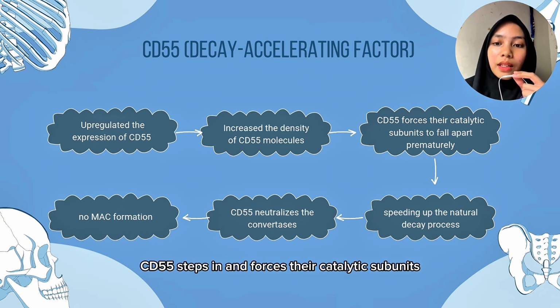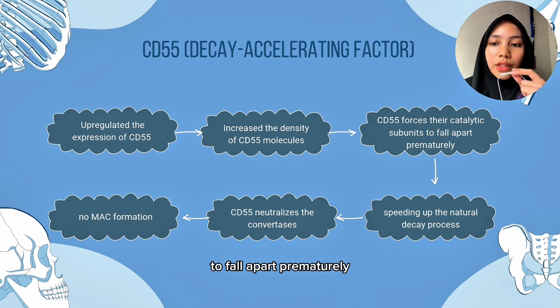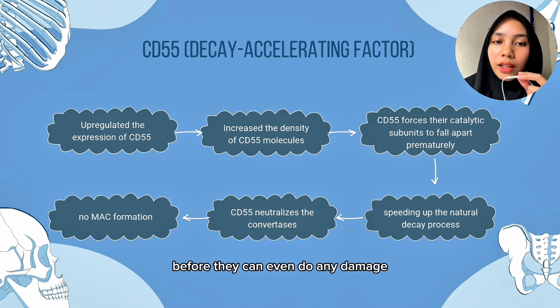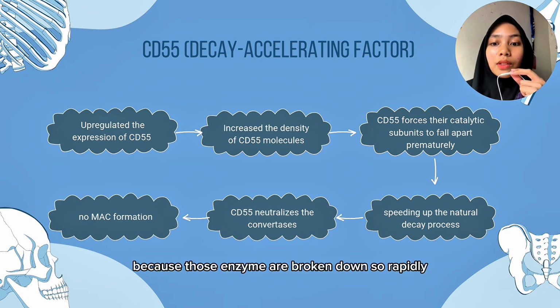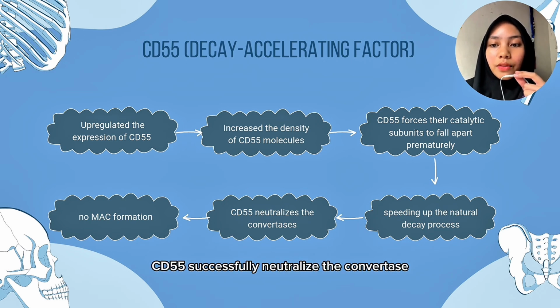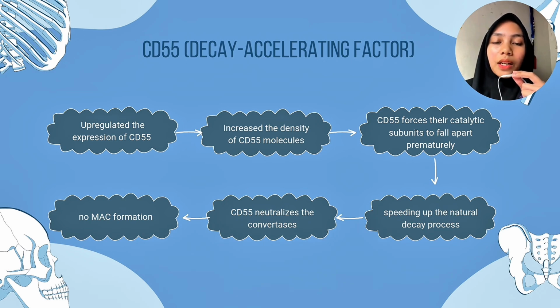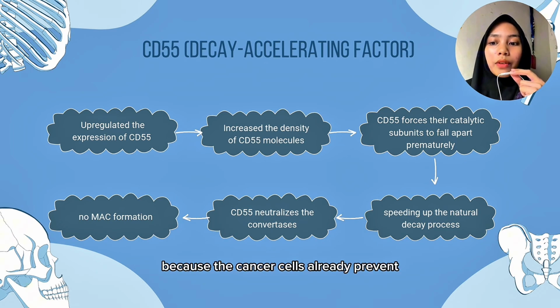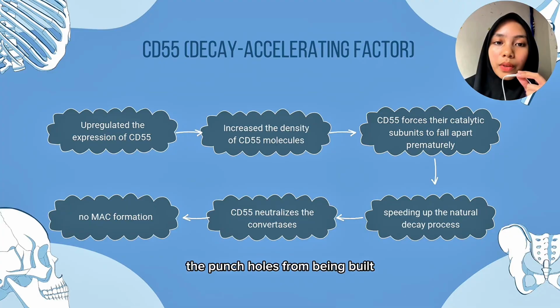CD55 steps in and forces their catalytic subunits to fall apart prematurely. By doing this, it speeds up the natural decay process of convertase before it can even do any damage. Because those enzymes are broken down so rapidly, CD55 successfully neutralizes the convertase. There is no MAC formation because the cancer cells have already prevented the punch holes from being built.